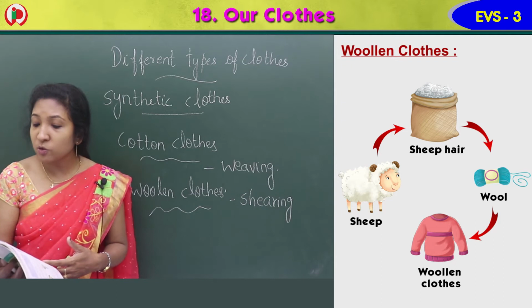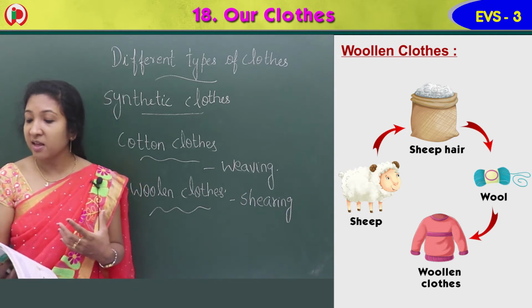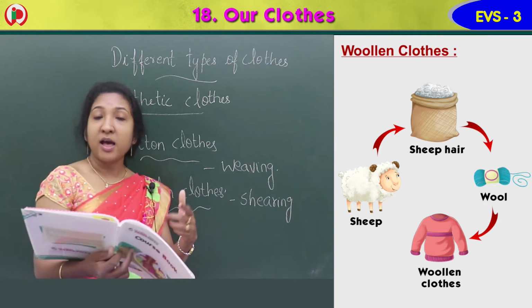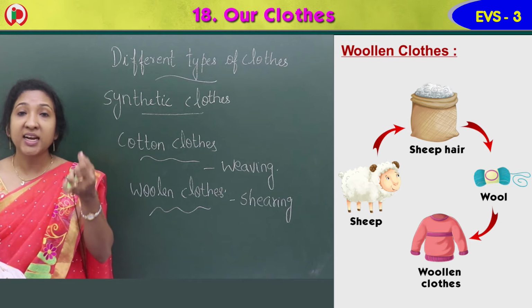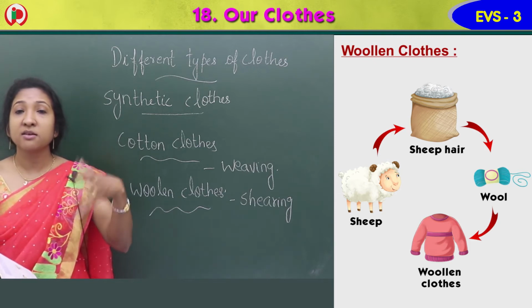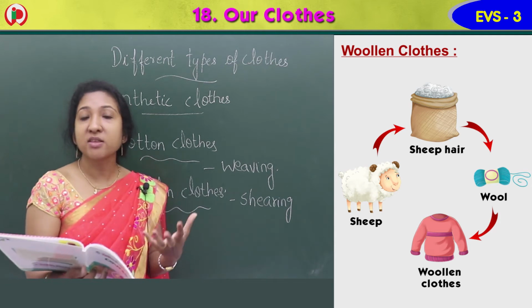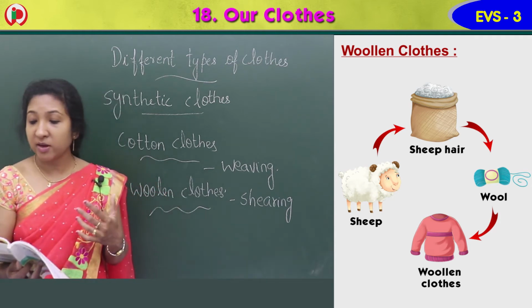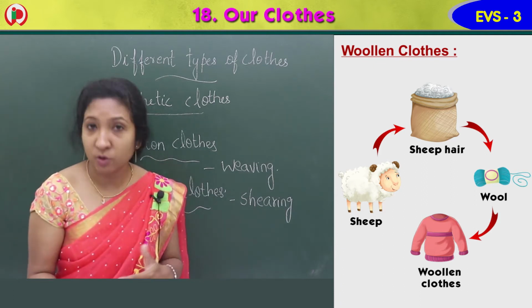This wool is used to knit sweaters and other woolen clothes. After getting wool, using knitting needles they make woolen clothes like woolen sweaters, etc. So this is how we make woolen clothes.